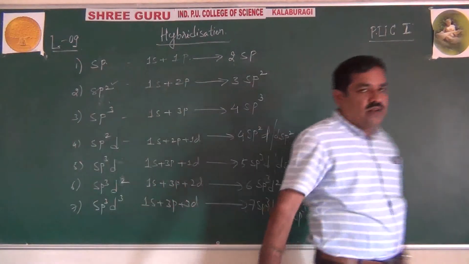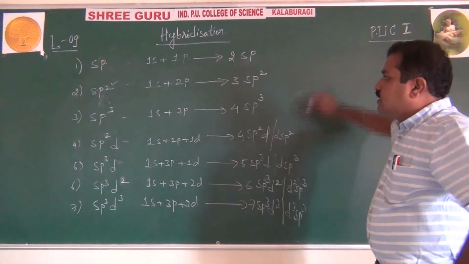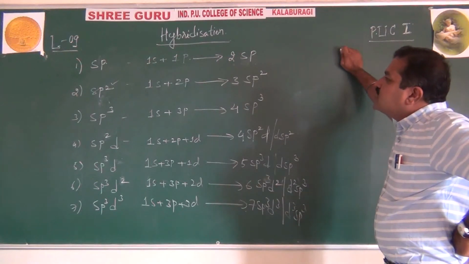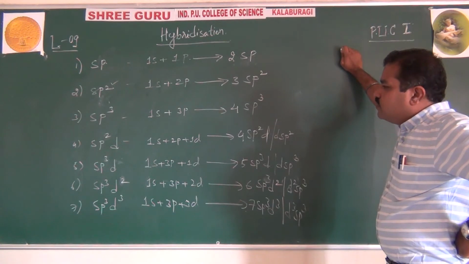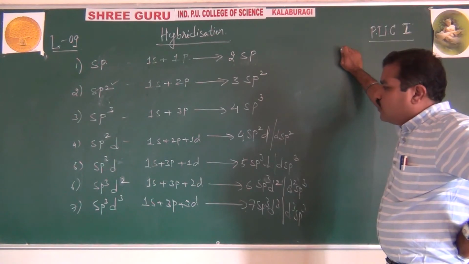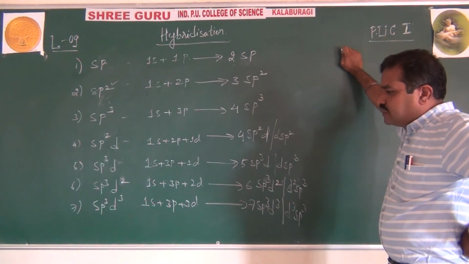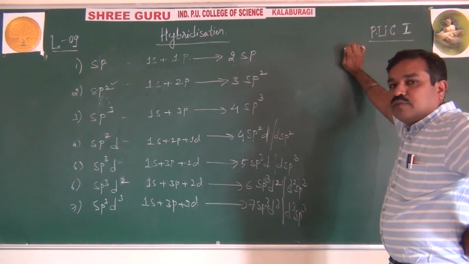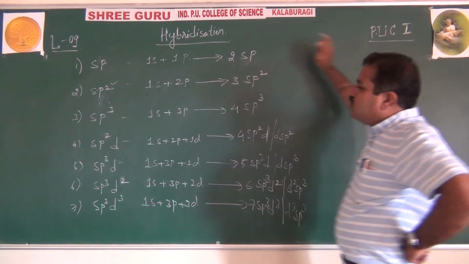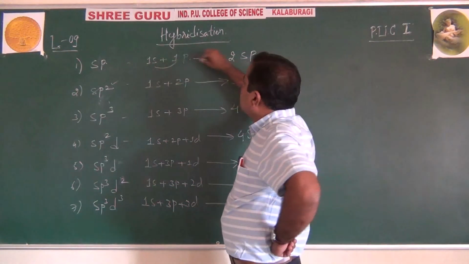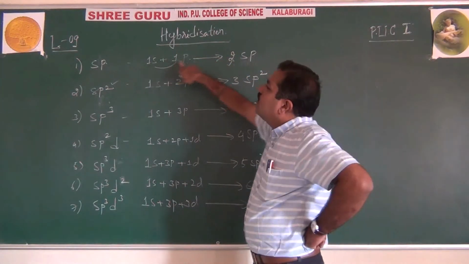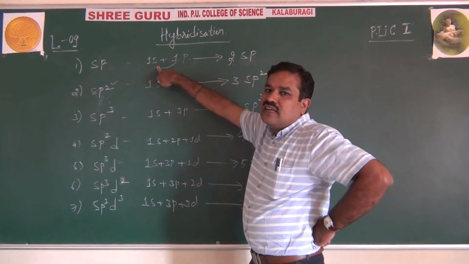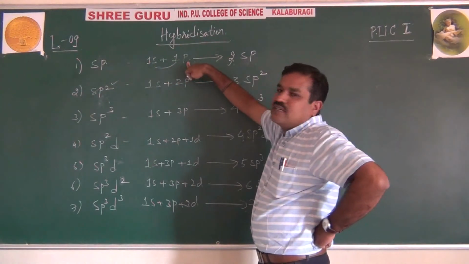Why I am telling all these facts means, see, these are the hybridizations involved. For sp, 2 hybrid orbitals, for sp2 3, sp3 4, sp2d or dsp2 that is 4, sp3d or dsp3 5, sp3d2 or d2sp3 6, sp3d3 or d3sp3 7 orbitals. That means, see how many orbitals combine, that many hybrid orbitals will be formed. Before combining, they are called atomic orbitals of nearly same or slightly different energy.